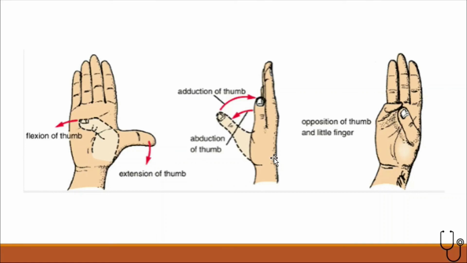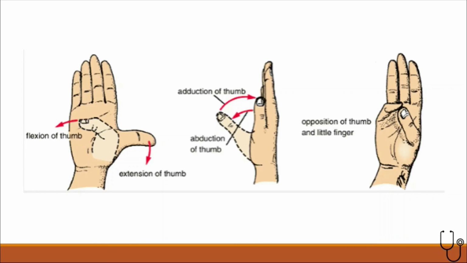Then this is the abduction of the thumb and this is the adduction of the thumb. Then the opposition of the thumb and little finger. It means the thumb can touch the other four fingers of the hand. That is the opposition. In this picture you can see the opposition of the thumb and little finger.